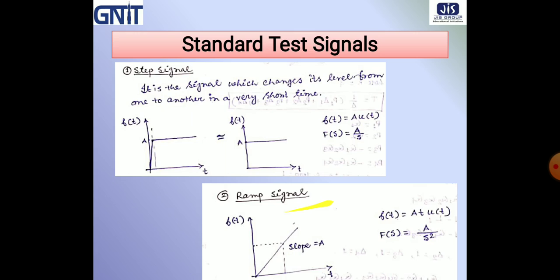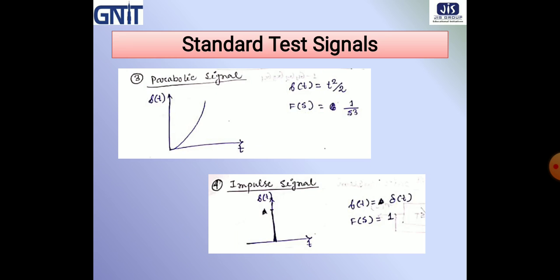In case of the ramp signal, the time domain function is f(t) = A t u(t), where A is the slope. If we apply the Laplace transform, then F(s) will be A/s². So this is our ramp signal.